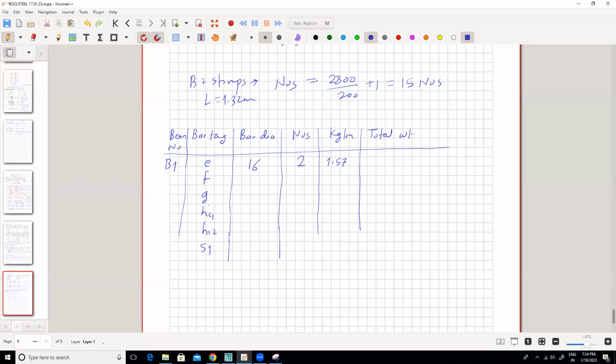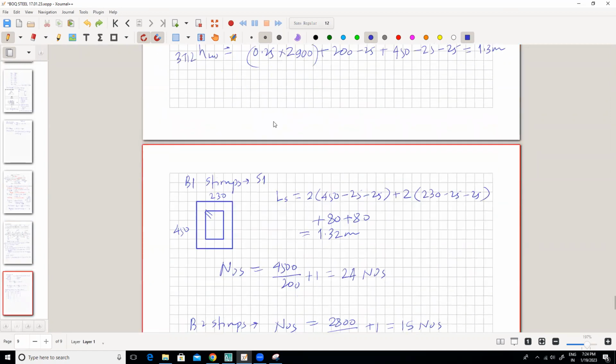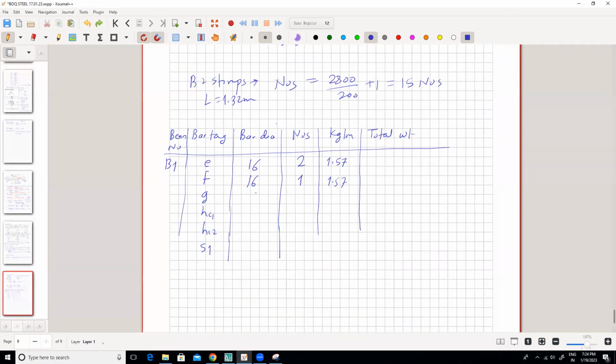F कितना है? 16 है ना? Yes sir. One number. G 12 है, नहीं G top 8 रहेगा ना? G top है ना full? 2T8 है. So G is 8, two numbers, 0.39 kg per meter. HC1 12, three numbers, 0.89.